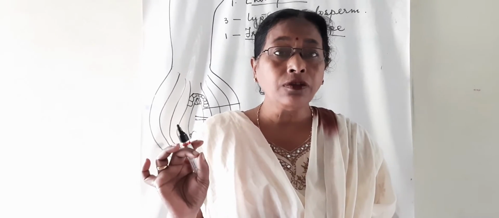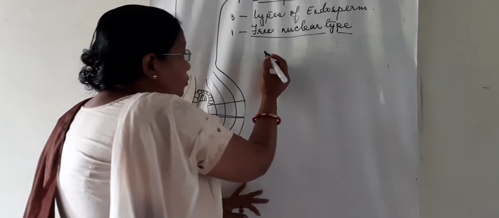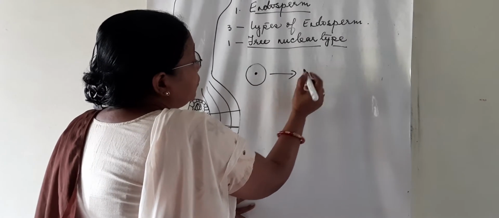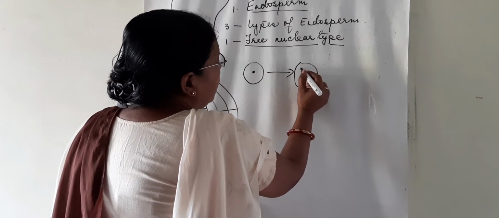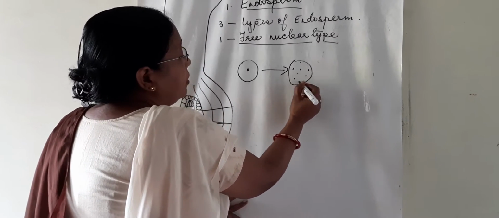Cytokinesis does not follow karyokinesis. So the primary endosperm nucleus will divide mitotically and form many nuclei. All are triploid in nature.